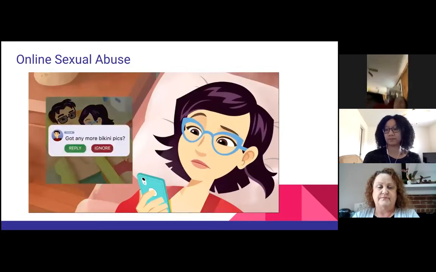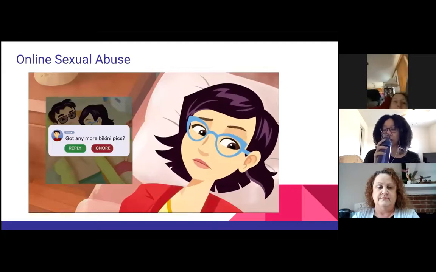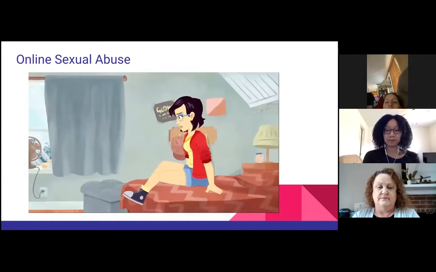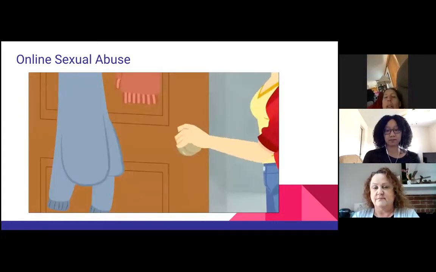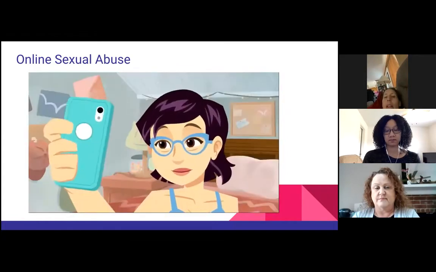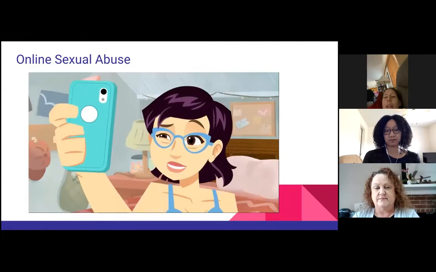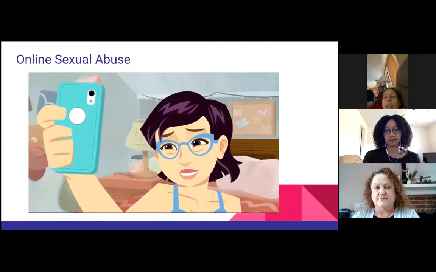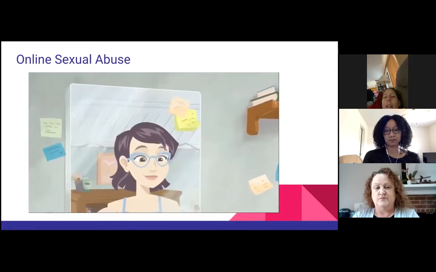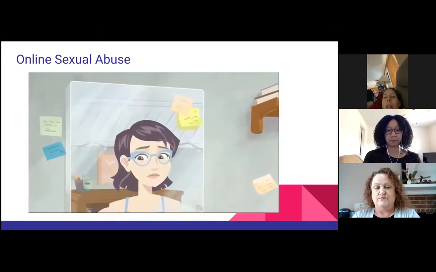When he started asking for revealing pictures, I guess I just thought it was normal. At first, it was embarrassing. But I was like, it's just a bikini top. And he said he really loved me. And yeah, it felt kind of good knowing somebody wanted to see me. Especially when I didn't always feel that good about myself.